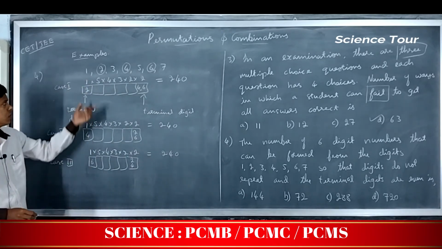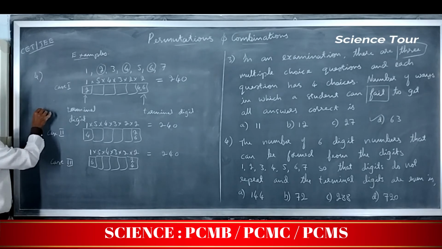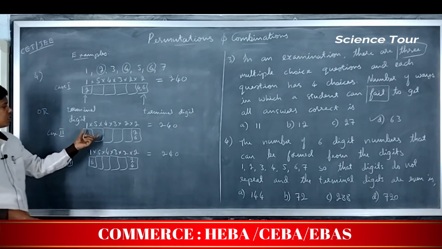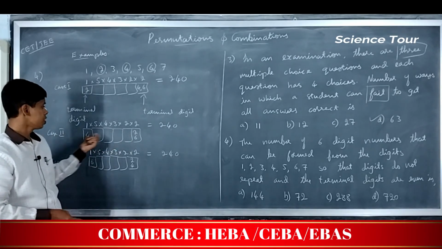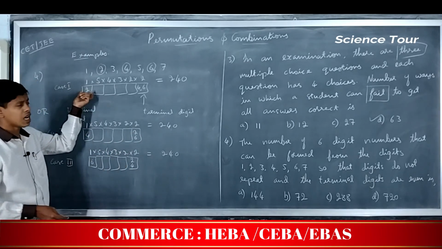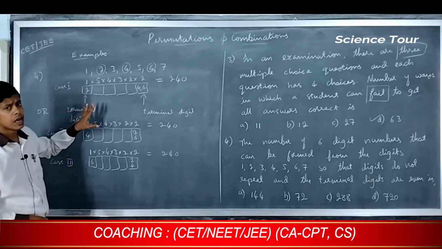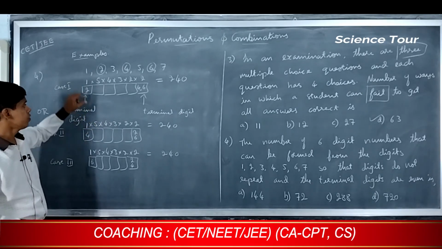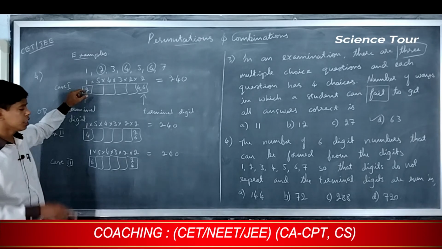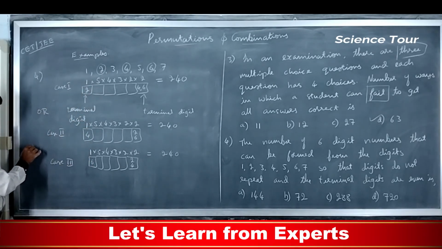Now either you have this option, or you have the second pattern, 4 in the first place, 2 or 6 in the second place. Okay, when you have this, you can't have this, correct? Both cannot happen at the same time. If it starts with 2, or it will start with 4, or it will start with 6. So this is all or.